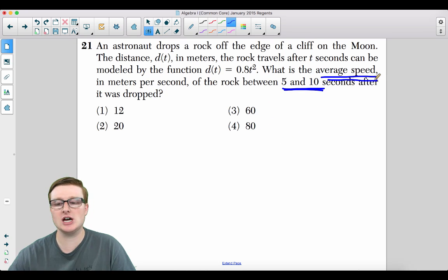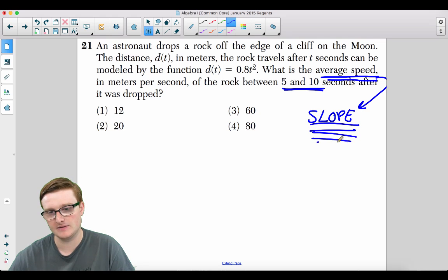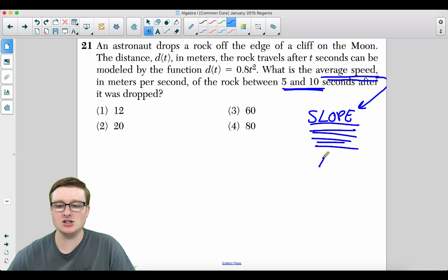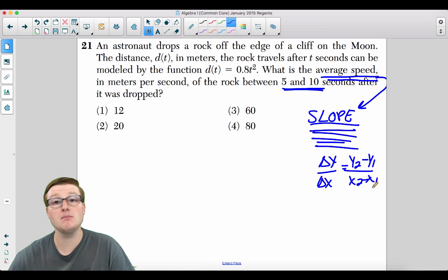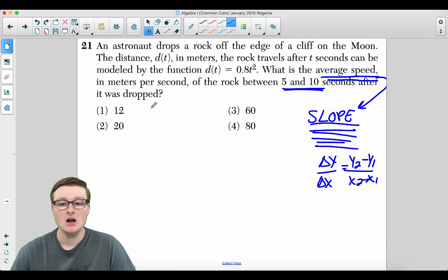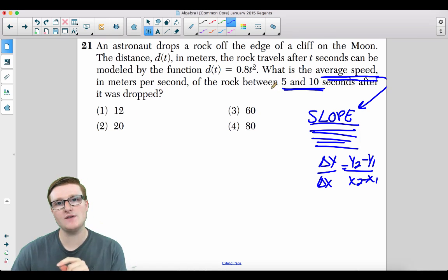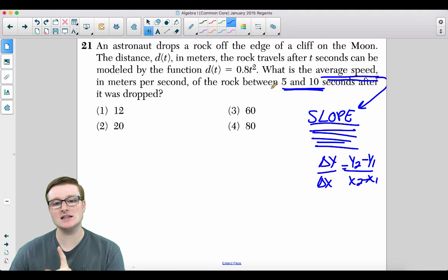Ladies and gentlemen, average speed means slope. Slope. So that is your change in y over the change in x, which is y2 minus y1 over x2 minus x1. Now, we need to find the y value when t is equal to 5 and when t is equal to 10.